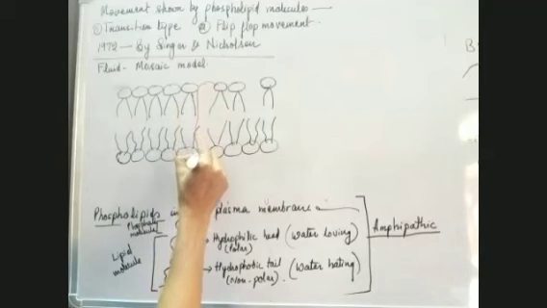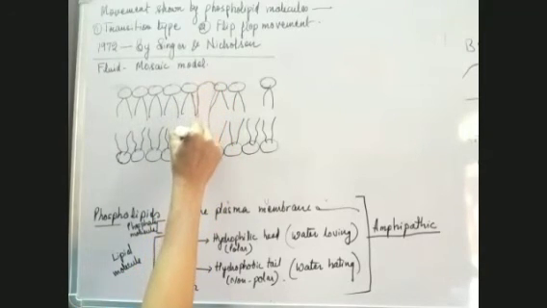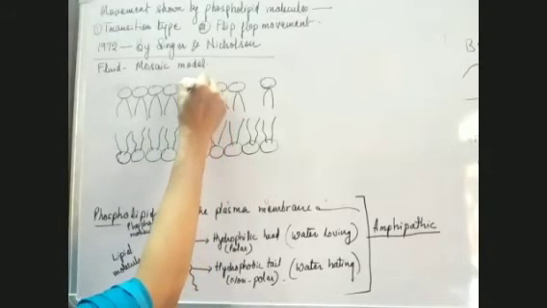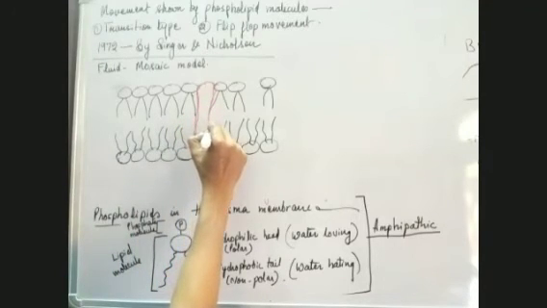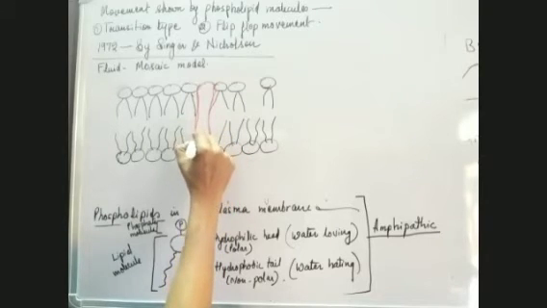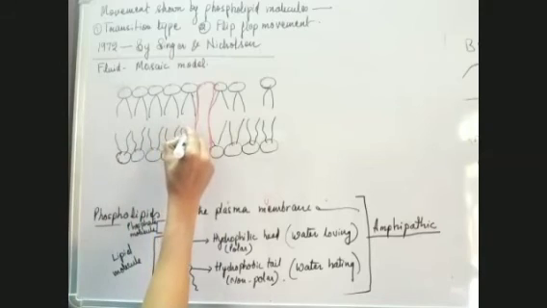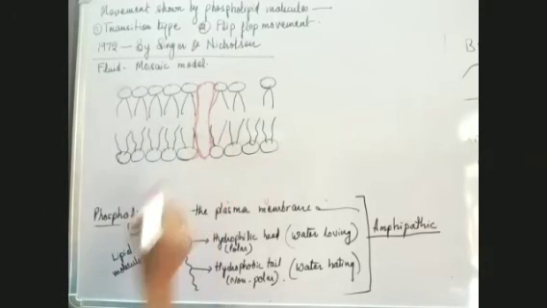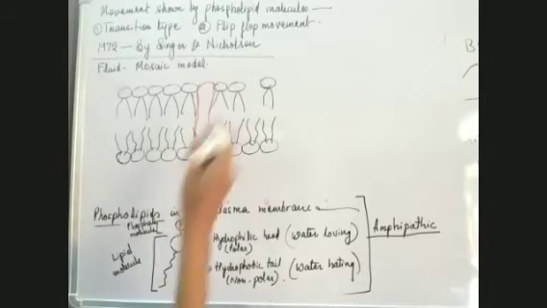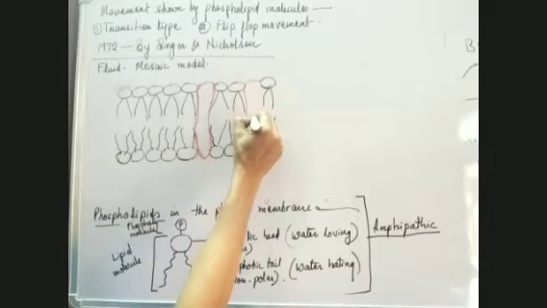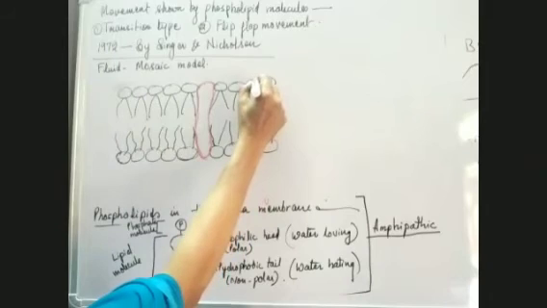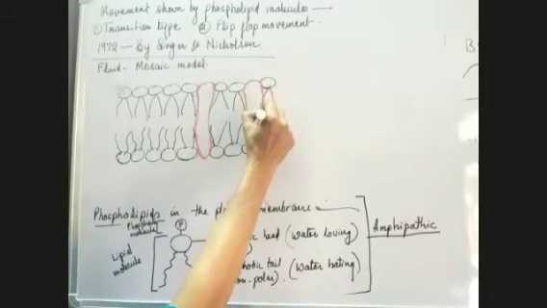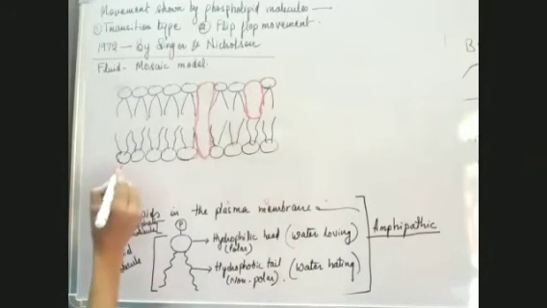I'm making the intrinsic proteins with red color. This one protein is embedded within the phospholipid bilayer. And some proteins are here, extrinsic proteins.